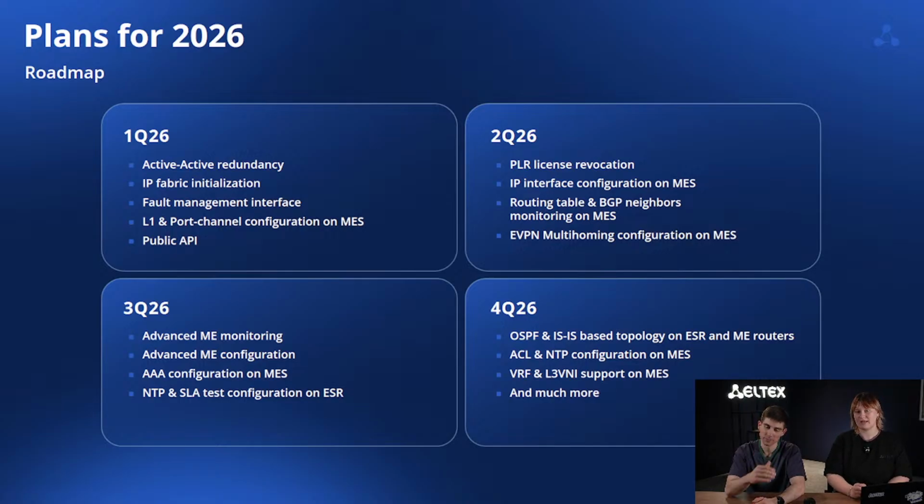Okay, and lastly, for the fourth quarter, we have plans for expanding our features for devices other than MES switches. As you can see, we will add OSPF and ISIS-based topologies for both our big and small routers.